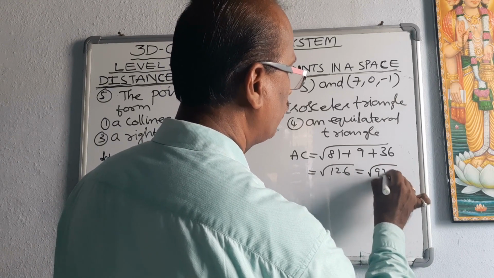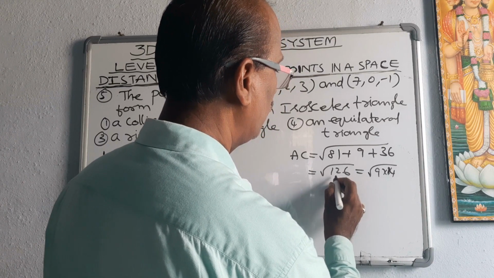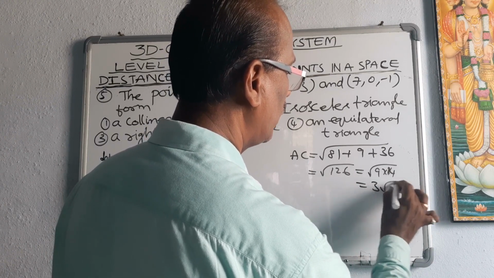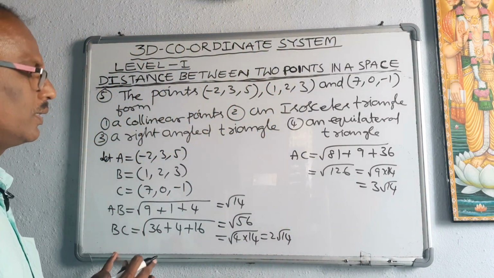Here 9 into 14 equals 126. Square root of 9 is 3, so 3 root 14.